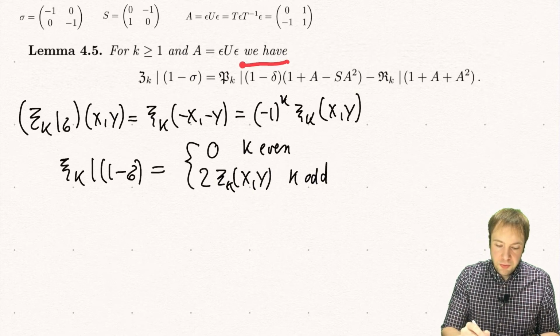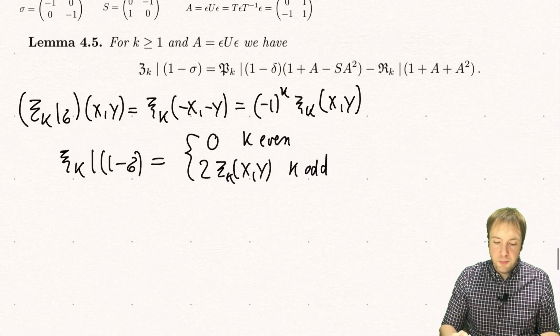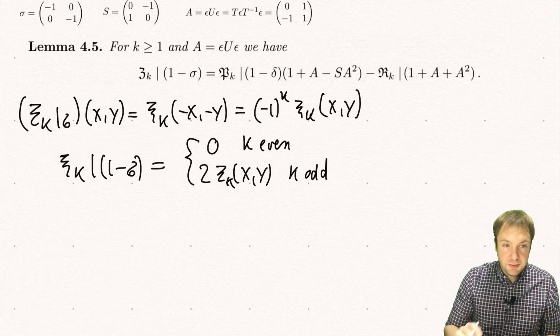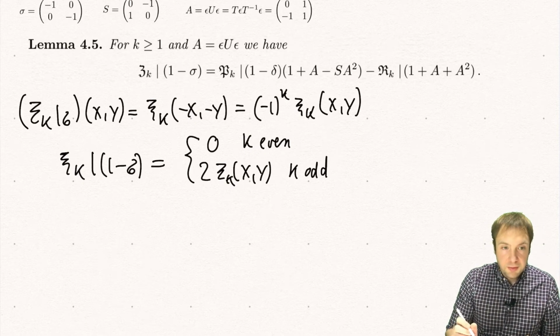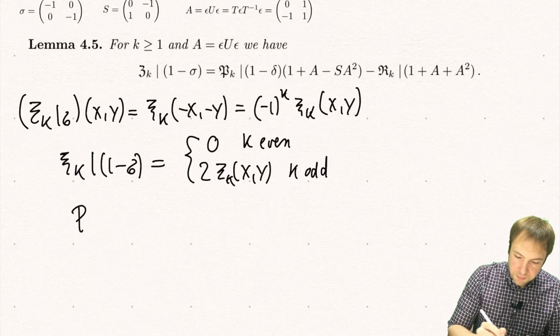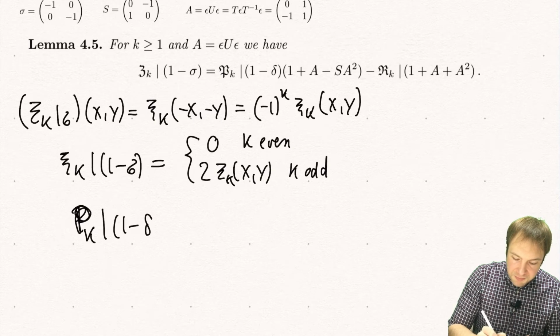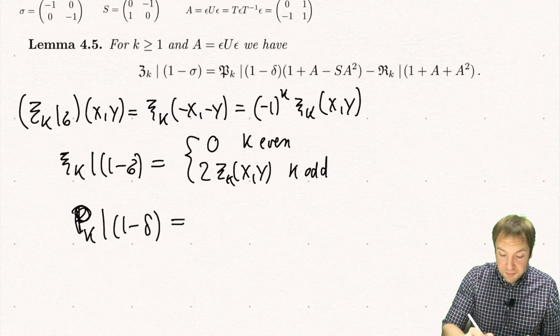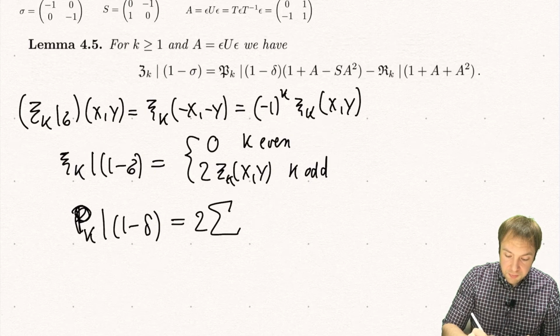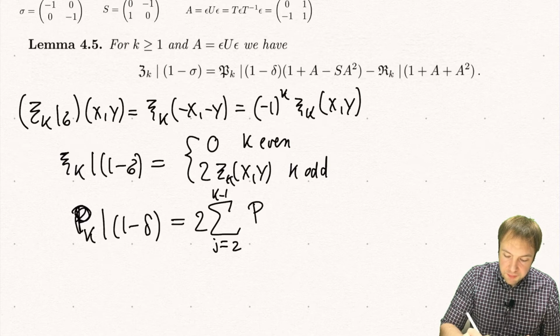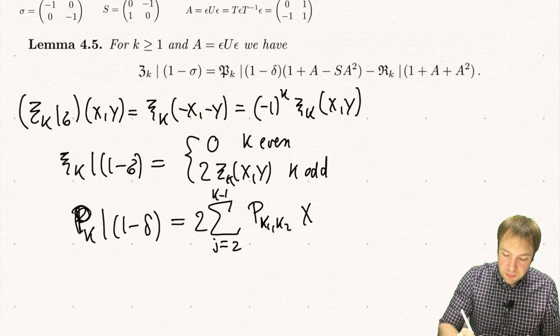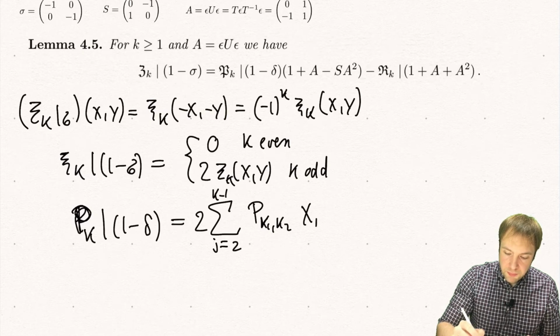And also I want to interpret this factor 1 minus delta here. So if we consider this fancy p, 1 minus delta, what this basically just does is, I have 2 times the generating series of p k1, k2.